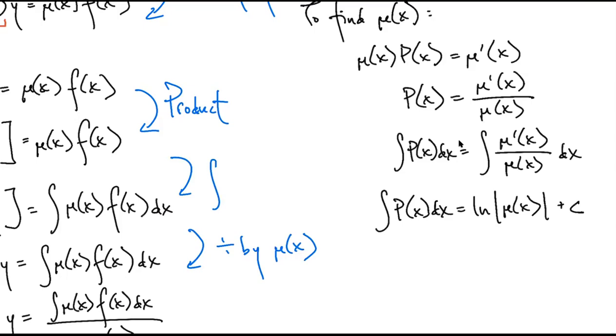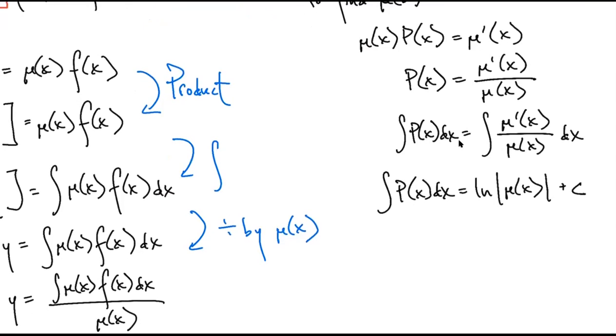Yeah, I could subtract c, and then I could raise e to the power of both sides, exactly. And so we end up with mu of x equals e to the integral of p of x dx.